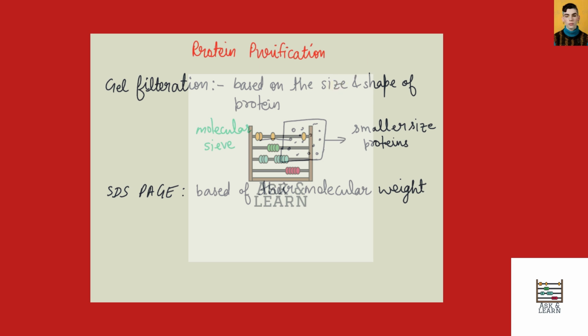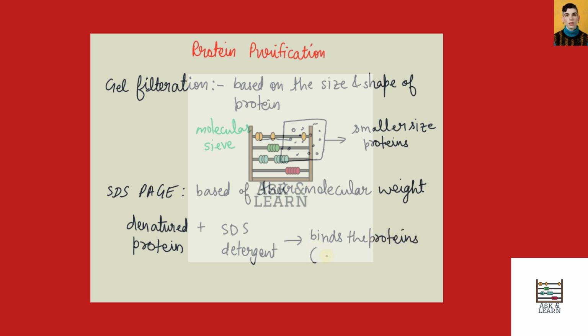Now, in SDS PAGE technology, the protein is first denatured and then the denatured protein is treated with SDS. SDS is basically a detergent that binds the proteins and gives them a uniform negative charge.